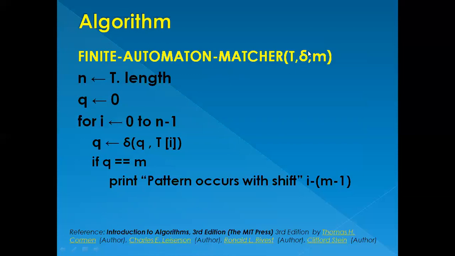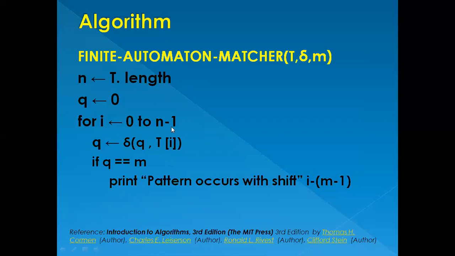That's the procedure. It takes 3 inputs. This is your text string. Delta is the transition, and M is the length of the pattern string. N is nothing but the length of the text string. There's a variable Q which is initially 0. Then a for loop running from 0 to N minus 1. Basically, you're running this loop over the text.